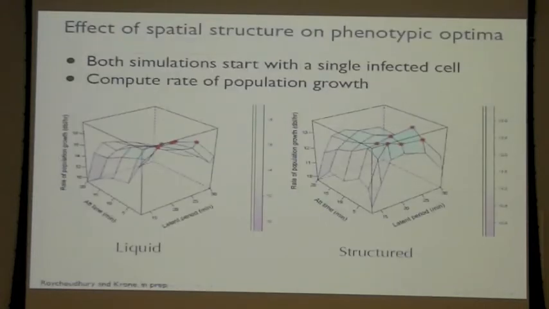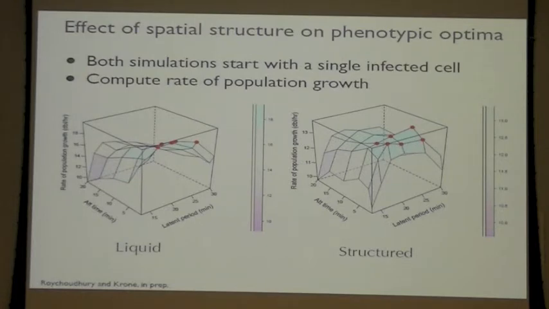The next question logically was, in this case we had latent period remaining the same, but what if latent period could also change? What if phage could change their latent period and absorption time? So can we construct a fitness landscape? In very similar simulations, we initiated plaques with phage that had different phenotypes.